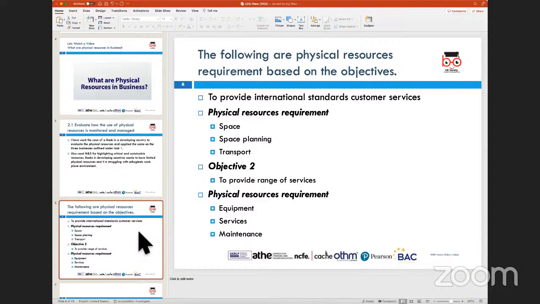Is it just a branch which will allow certain types of operations, or a branch which will handle all operations? For example, international transfers, opening bank accounts, taking in deposits, and in some cases, allowing exchange of foreign currency. Those are services you would be looking at managing even before you set up that branch in that location.